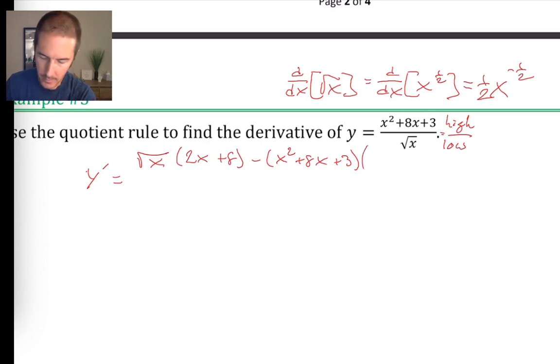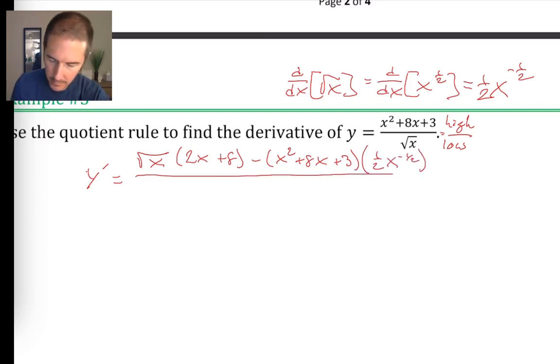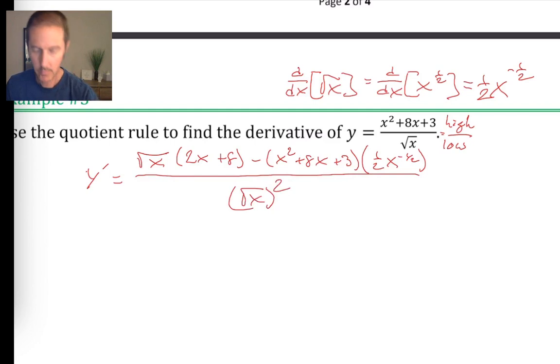And so that is d low. All divided by the denominator squared, which is the square root of x squared, which is going to turn into just an x. And now we have the extreme pleasure of distributing and combining like terms and then dealing with the division.